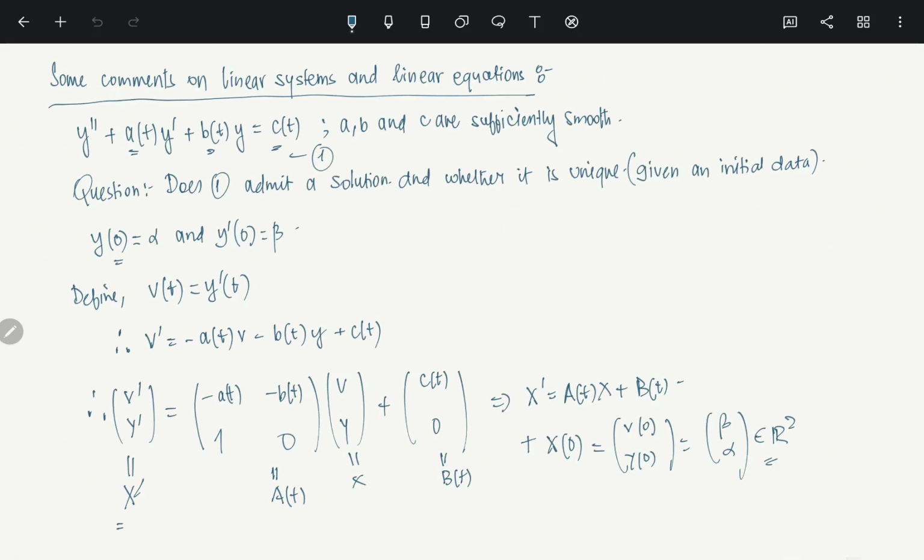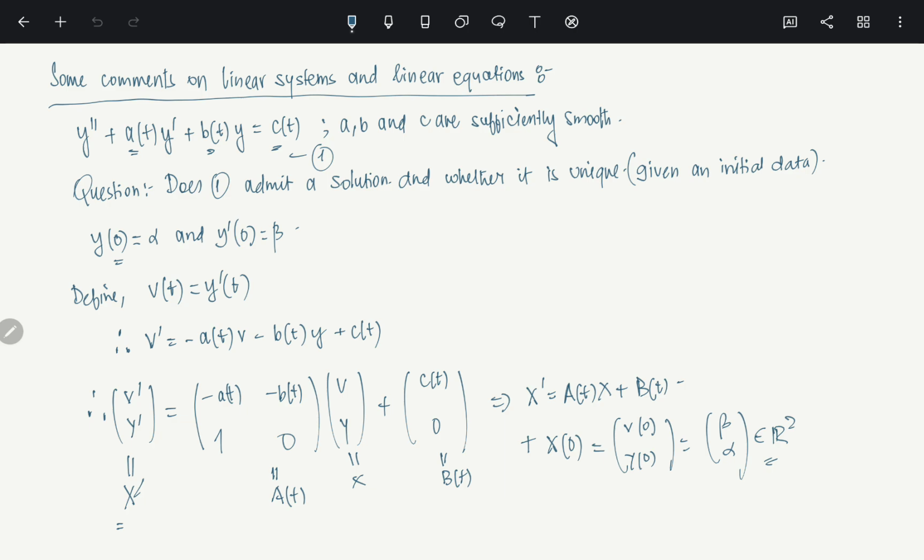So if a, b and c are continuous in some interval I, and of course there is the initial data, you can say that you have a unique solution in the whole interval I. Clear? So this you have to do yourself. Please check that part.